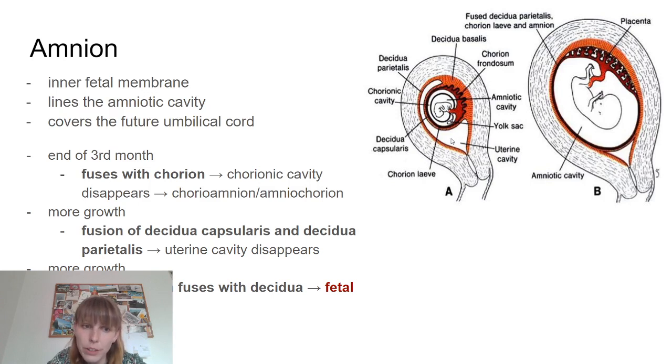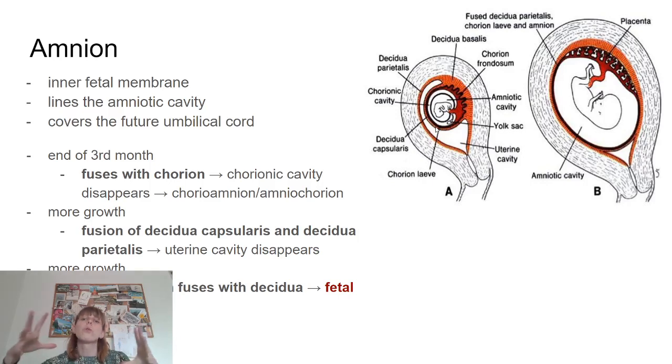So the uterine cavity will not be here anymore. So we already filled the chorionic cavity with amnion. We got all the way close to chorion and it fused. So we have amniochorion, and we still have decidua capsularis surrounding the amniochorion.